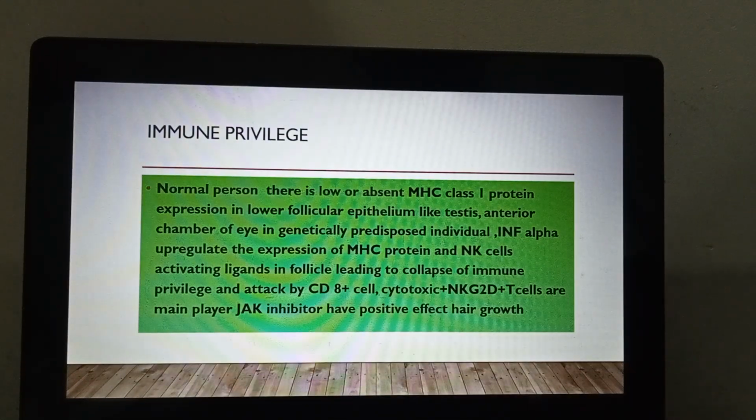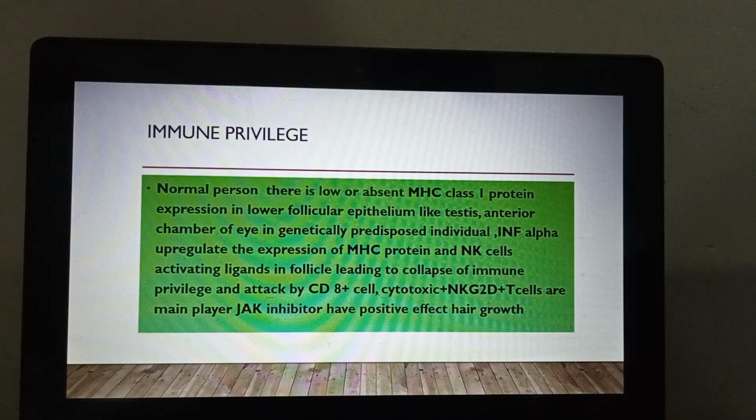Immune privilege. Normally, there is low or absent MHC class 1 protein expression in the lower follicular epithelium. This low or absent MHC class 1 protein expression is mandatory for follicular cell growth. Immune privilege has also been seen in other areas of the body, for example, testis and anterior chamber of the eye.